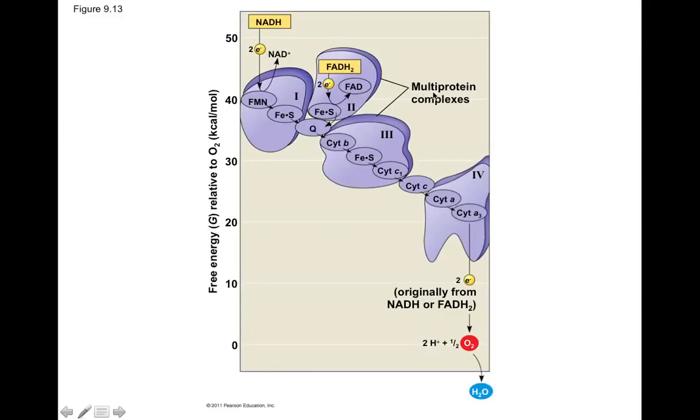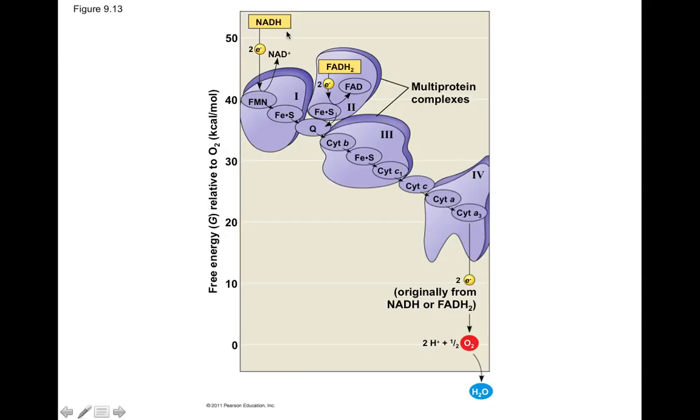So in this diagram, we can see that there are these four multi-protein complexes. They have a lot of iron and sulfur associated with them. Iron and sulfur are very good at changing oxidation states, which means they're good at passing electrons along. So you can see NADH is dropping off electrons that have a lot of free energy relative to oxygen.